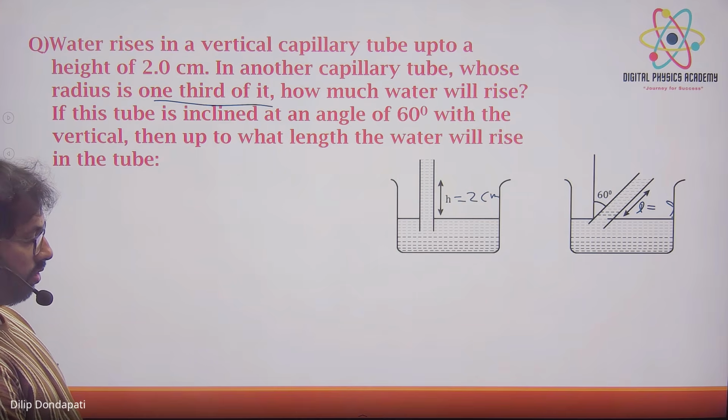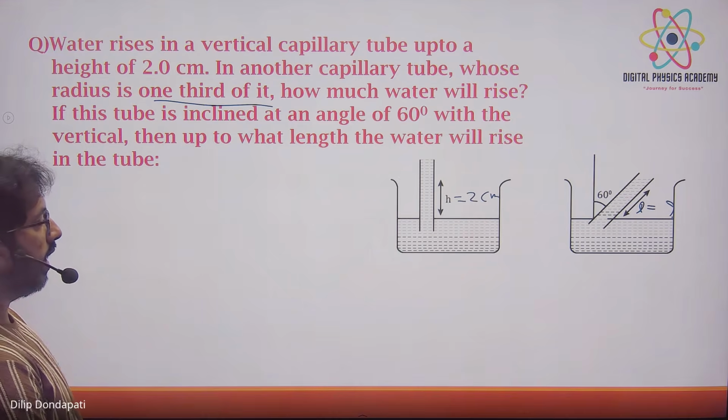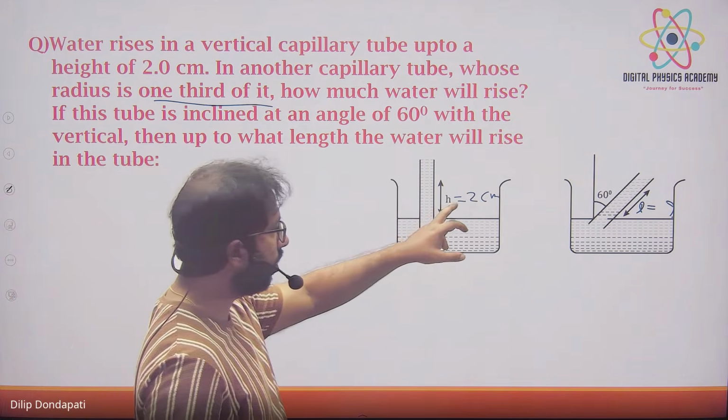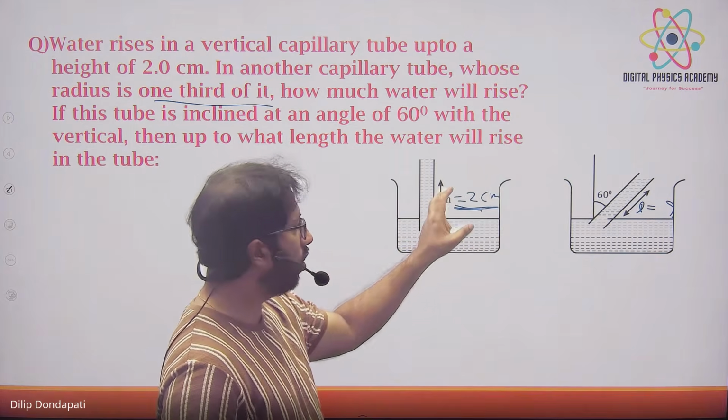Cos 60 is half. 6 by 0.5, how much is that? 12. See, H, how much was given? 2 centimeters, right? But the water will rise 6, right? But the question asks L, so L cos 60 will be 6, because this is the length the water will rise. From the previous question we got H as 6, no?